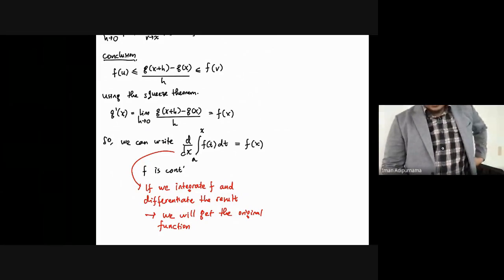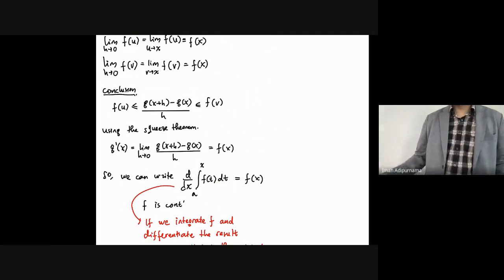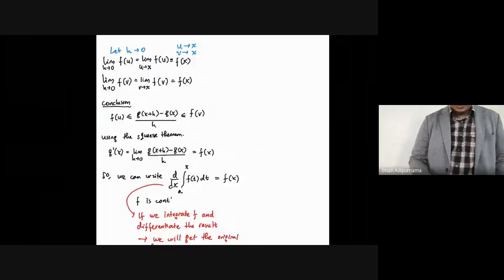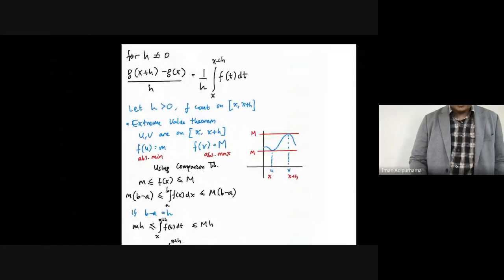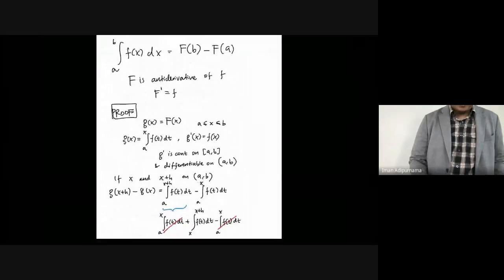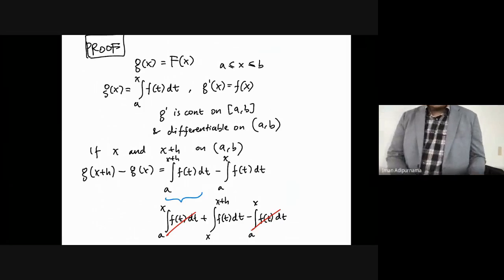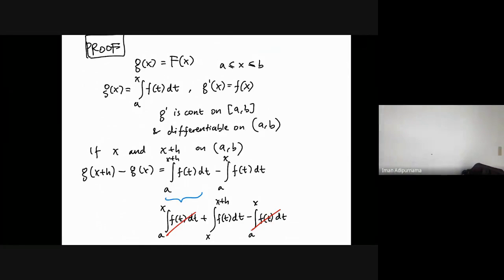So by using the sum theorem from derivative, using limit, let me explain a little bit from here. We determine that if we have some x and x plus h on our interval [a, b], then we use x plus h and x in our g.